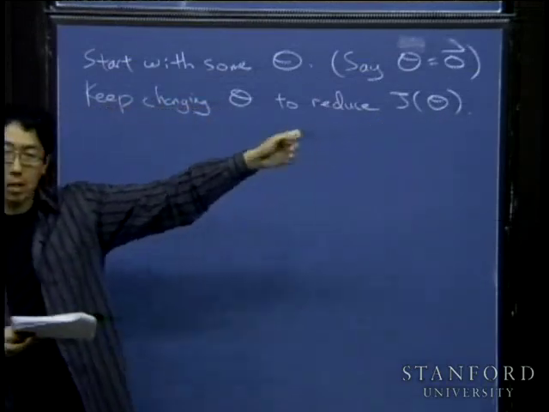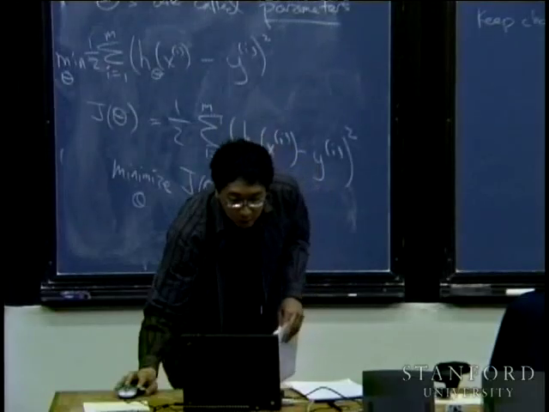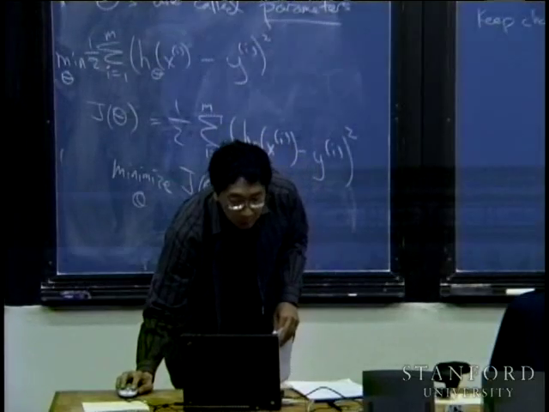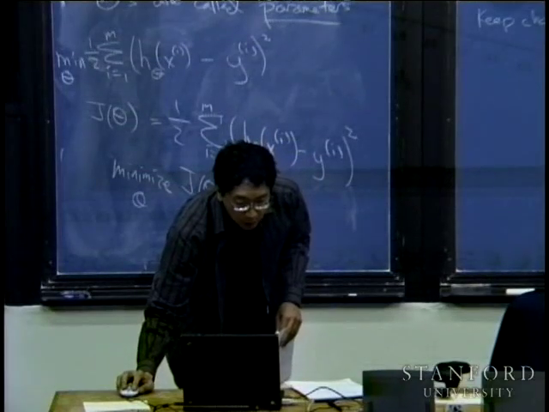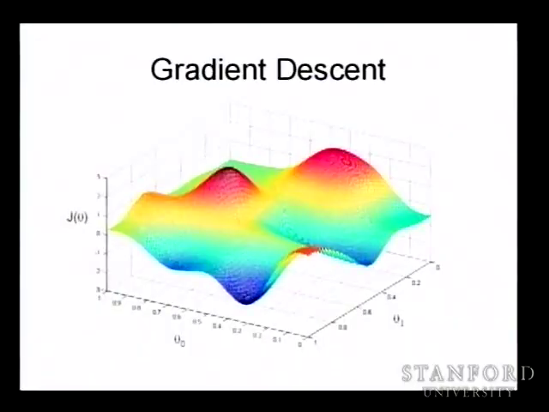So let me go ahead and show you an animation of this first algorithm for minimizing J of theta, which is an algorithm called gradient descent. Here's the idea.